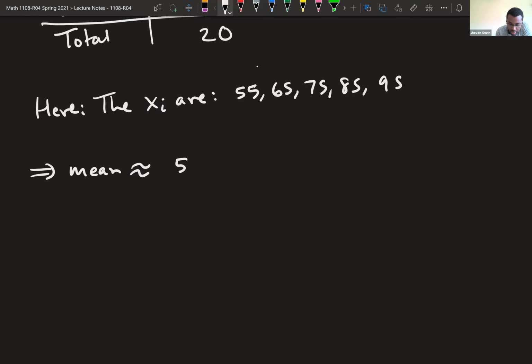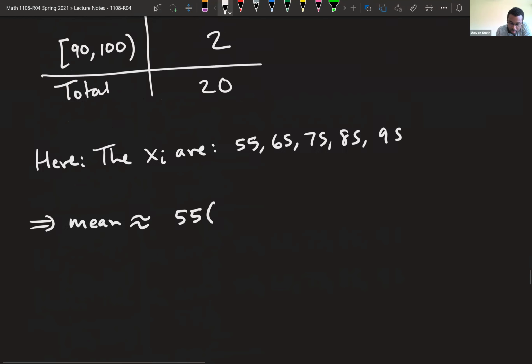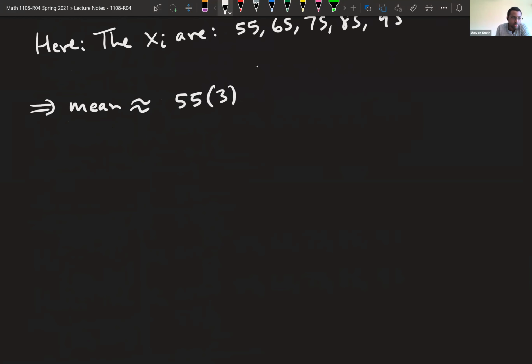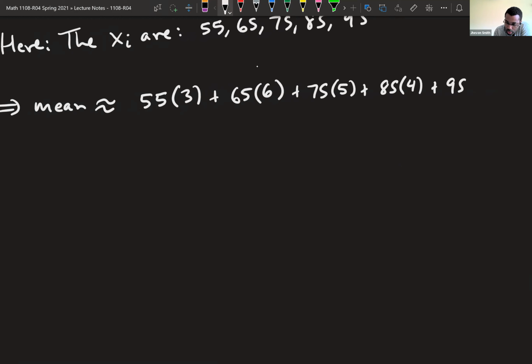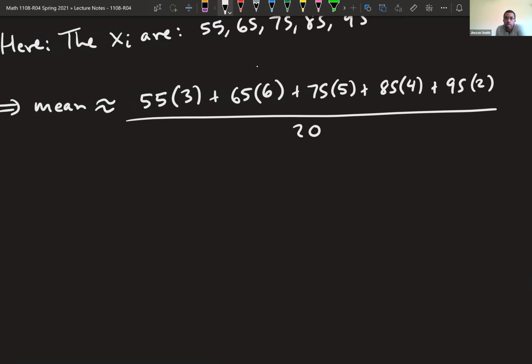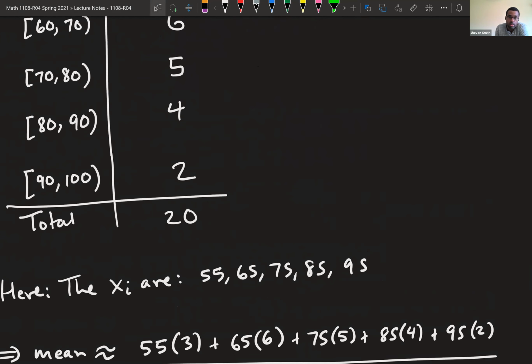It's going to be 55, but there are 3 of them, and then 65, but there are 6 of those, and 75, but there are 5 of those, 85, with 4 of those, and 95, and we're assuming there are 2 of those, over 20, which is the total I'm told here.